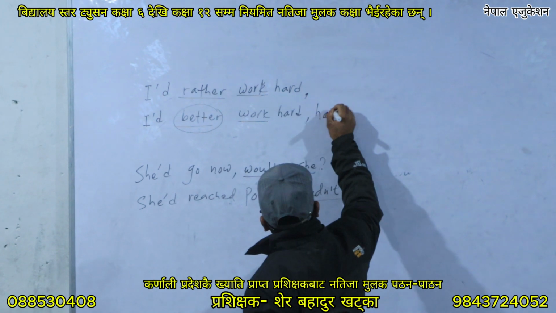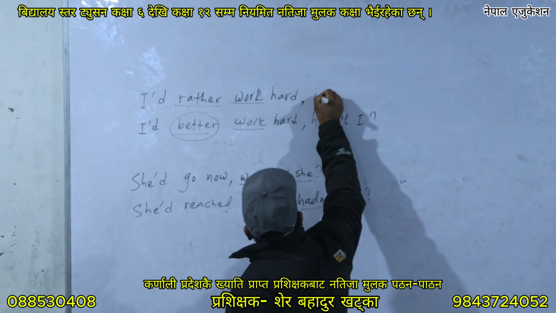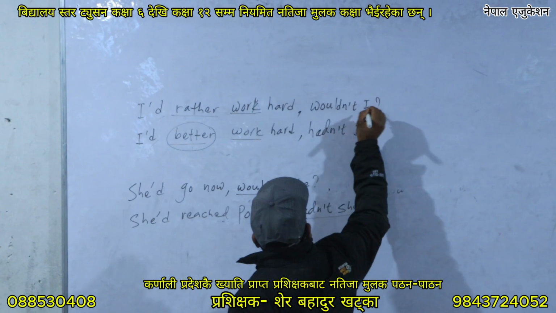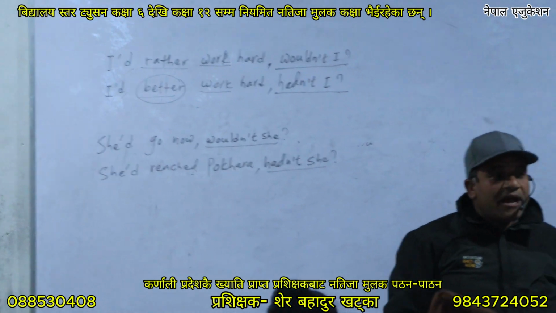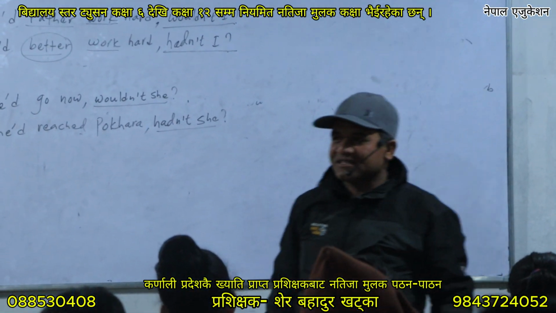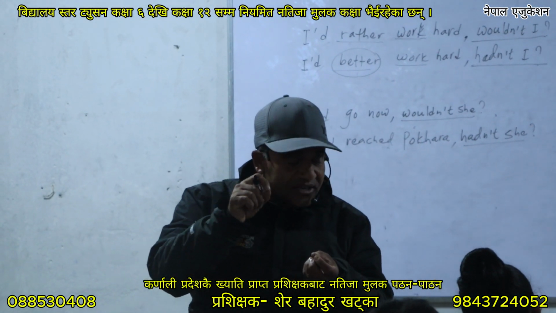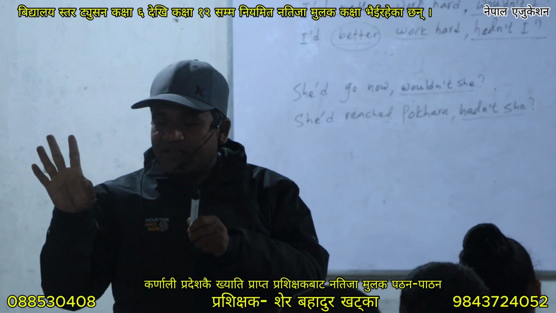Therefore, it is what? Right. Good. Hadn't I? And the first one is wouldn't I? Why? Because, remember, class, the first one is would plus the word rather.